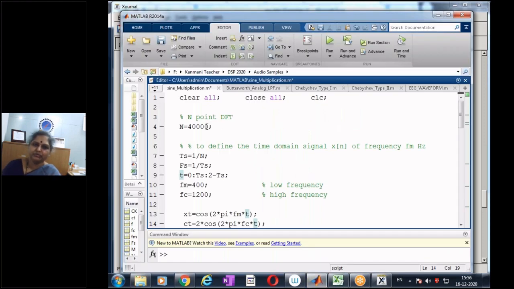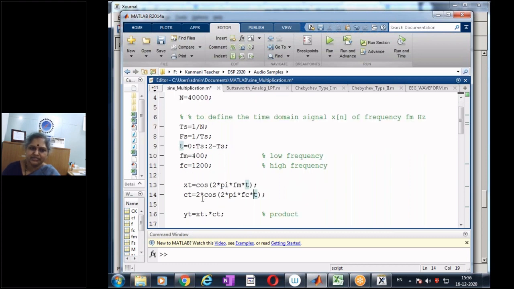Walking through the program, I'm just taking some large N, as I'll be computing the N-point DFT. I'm defining my time for 2 seconds. Of course, I set my N equal to fs, and as mentioned, we are taking the low frequency signal of 400 hertz and a high frequency signal of 1200 hertz. I'm setting the amplitude of my high frequency signal to a larger value, 2 times this, and these are my two signals, x of t and c of t.